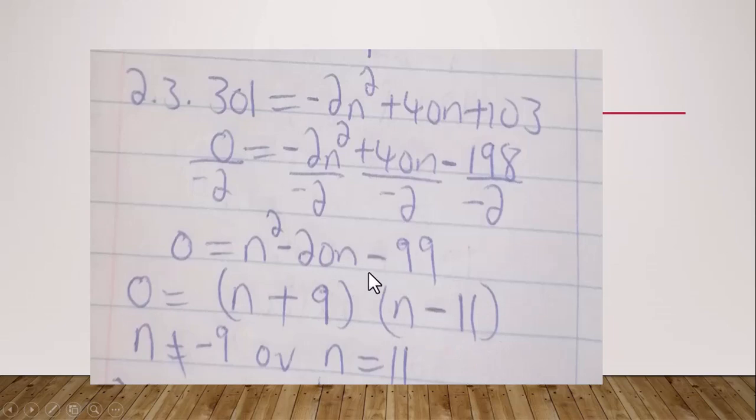When you multiply them, you should get a negative, so that one automatically becomes a positive. We are here again, the zero product: n plus 9 equals to 0, or n minus 11 equals 0. Therefore your n is equals to -9, or your n is equals to 11. But remember, n cannot be negative.